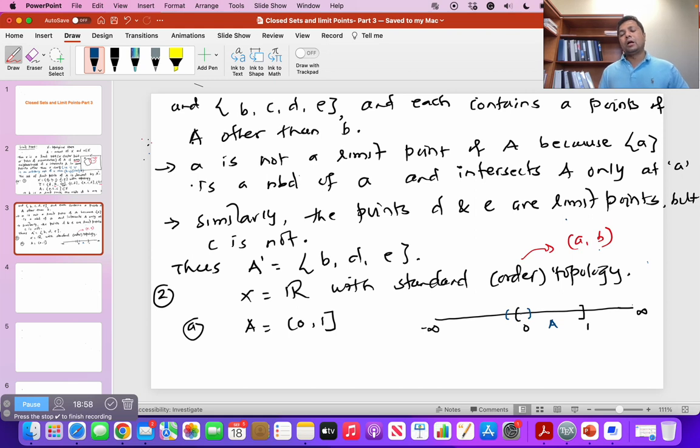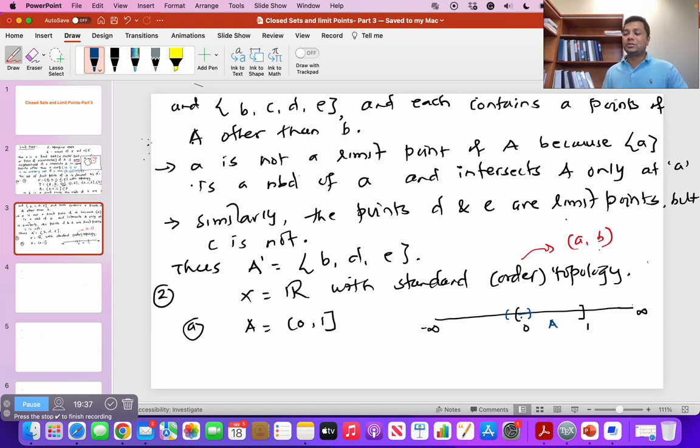So this type of interval is going to be a neighborhood of 0. No matter which neighborhood you pick, some portion goes to the left side of 0 and some portion goes to the right side, and that right side portion gives a non-empty intersection of A minus 0 with that interval. So no matter which neighborhood of 0 you take, it will intersect A at some other point than 0.